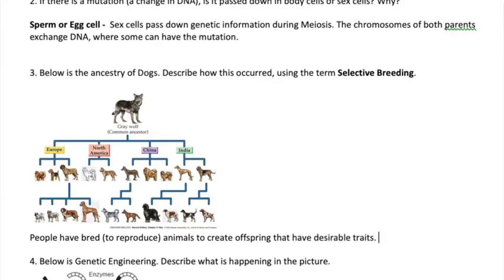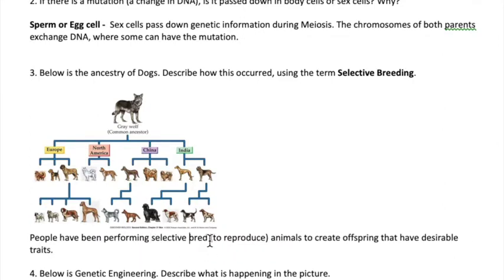Well, we're missing something, aren't we? We need to use the term selective breeding. We have to really incorporate our vocabulary in our answers. So what is this process called? Selective breeding. So people have been performing selective breeding methods to reproduce animals.